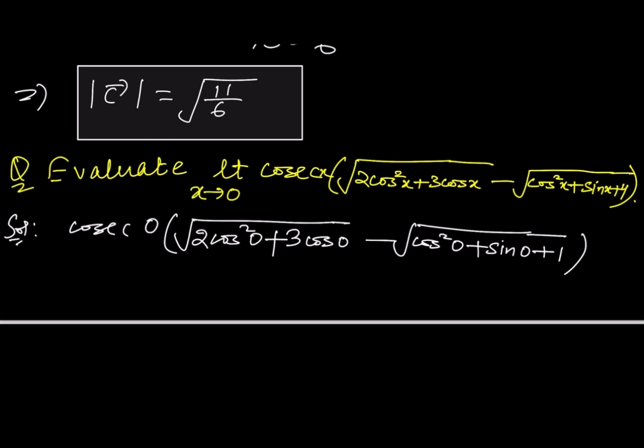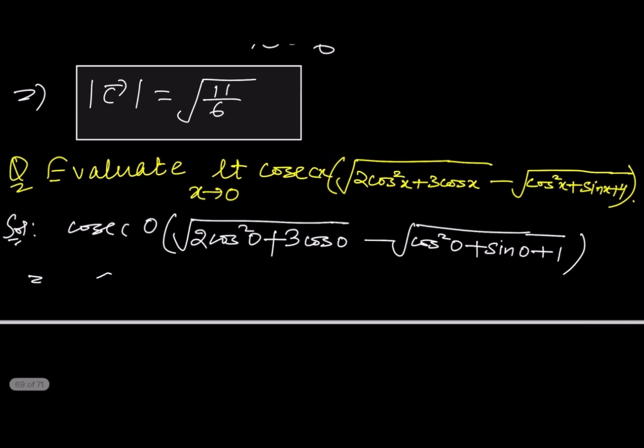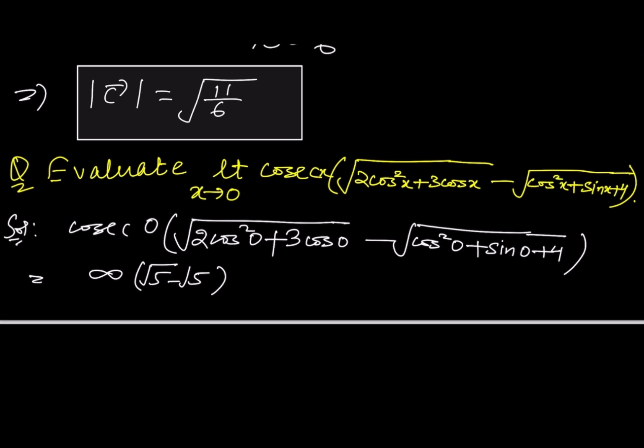Now cosec 0 is infinity, and root over 2 plus 3 is root 5, minus root over 1 plus 0 plus 4, which is root 5. So root 5 minus root 5 is 0.